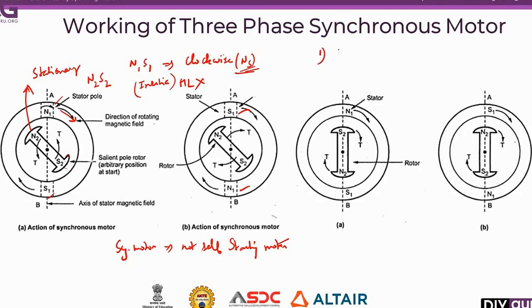Initially, we must give a three-phase supply to the stator to produce the rotating magnetic field, which rotates at the speed of Ns. Second, you have to drive the rotor by using external means like a diesel generator, or a small motor.